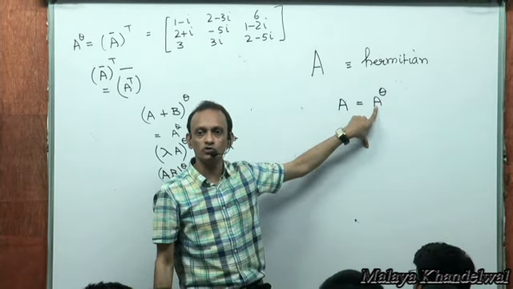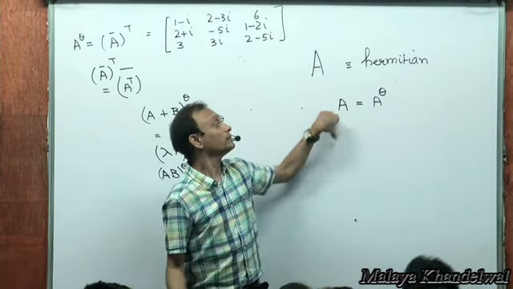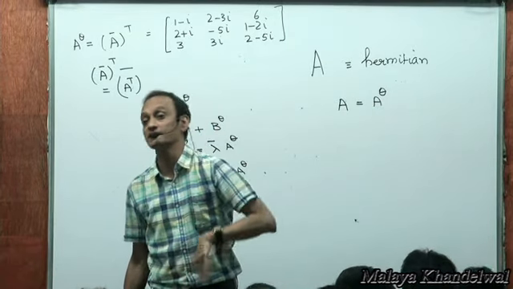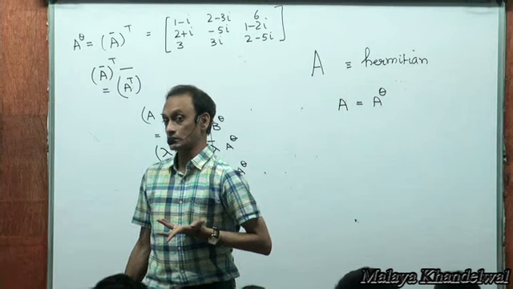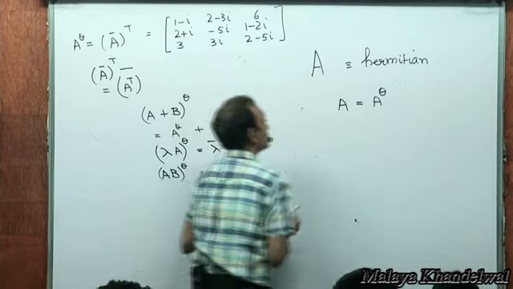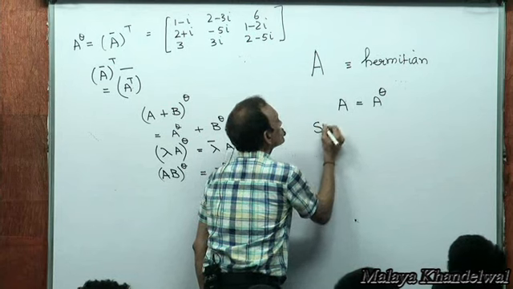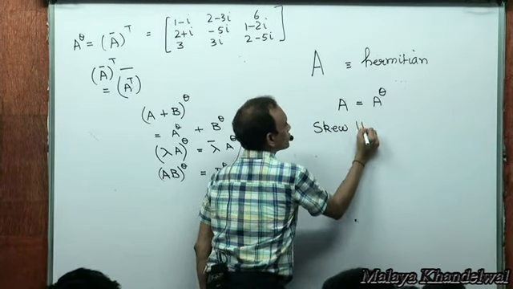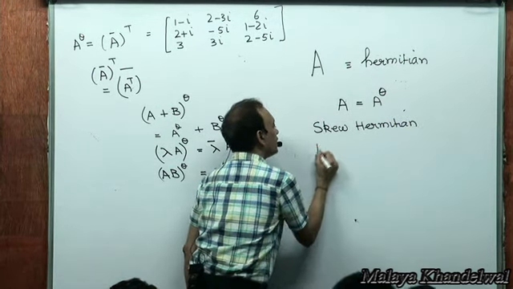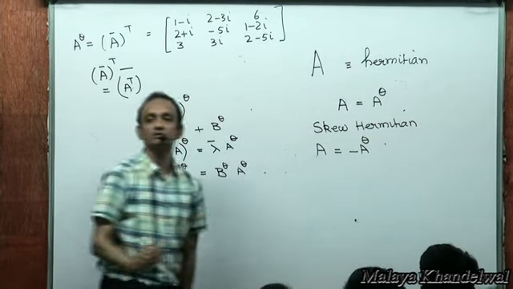Taking the conjugate and transposing, or transposing and then taking the conjugate, and you get back to A. Then the matrix A is called a Hermitian matrix. Right? And then we have what's called skew Hermitian. A would be minus A theta. That's a skew Hermitian.